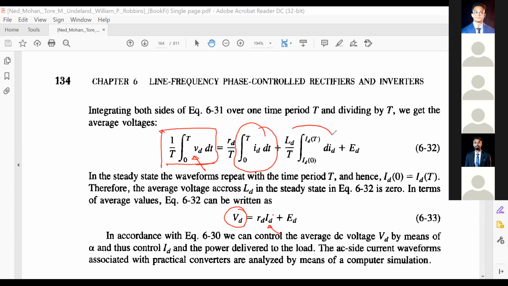And this will be 0. If you integrate this current and minus this current, suppose this is ID, after integration you will get ID at T and ID at 0, and these two currents will be the same at the end of the cycle and the start of the cycle, so the difference will be 0.